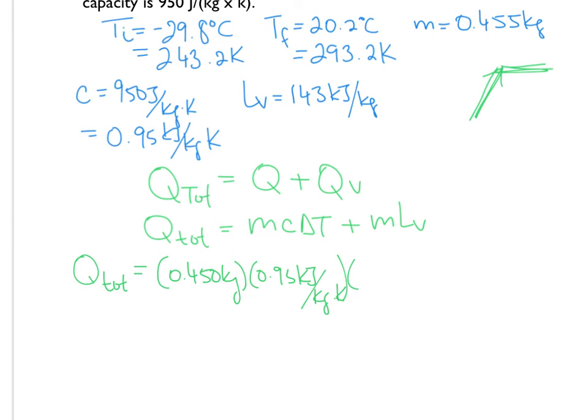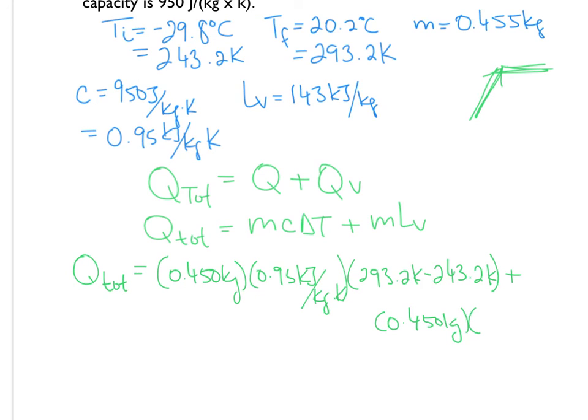Delta T is going to be 293.2, so your final temperature minus your initial temperature, which is 243.2 Kelvin, plus your mass again.